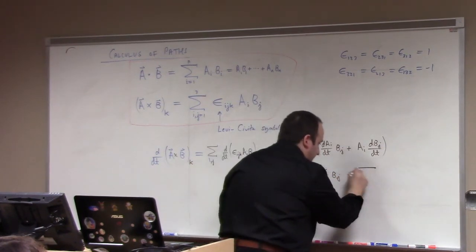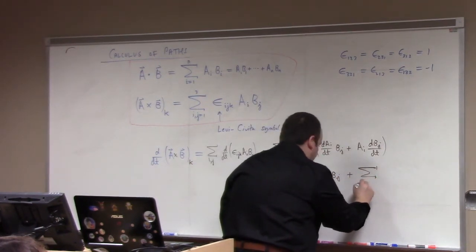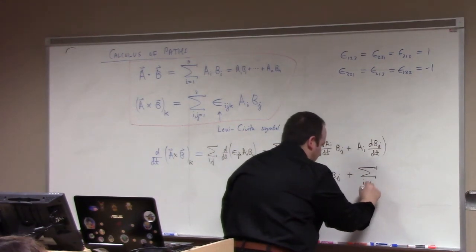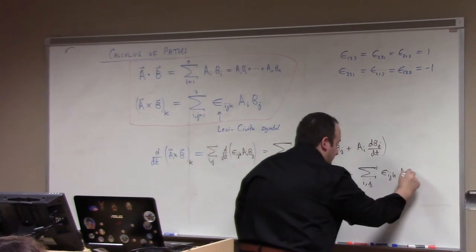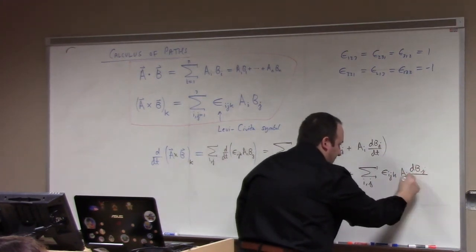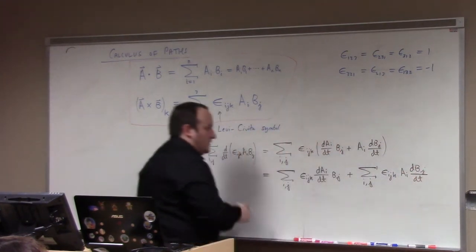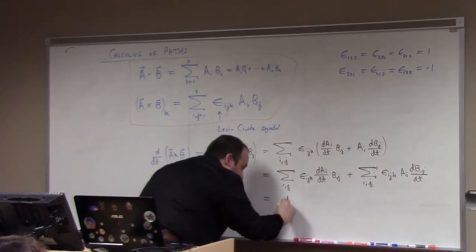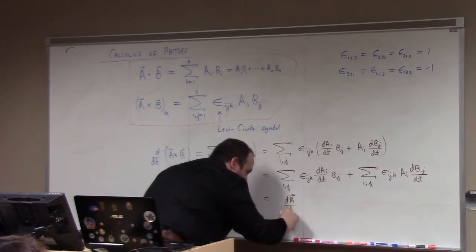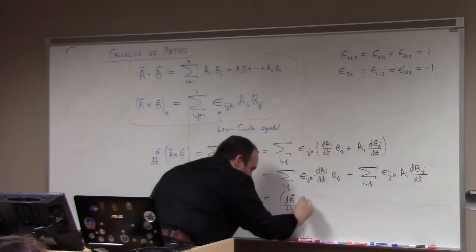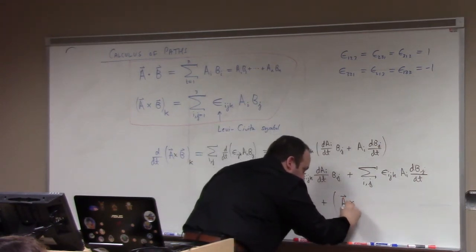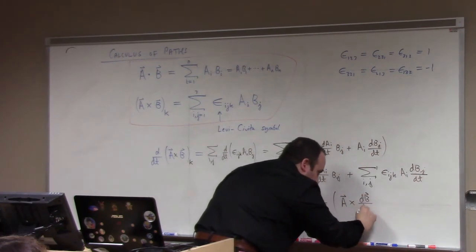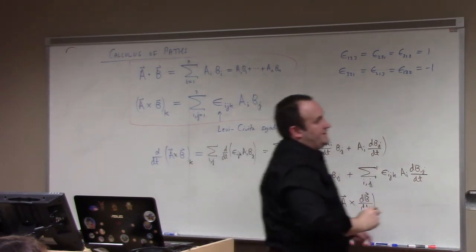So this is just properties of sums. The sum of a sum is the sum of the sums. That makes sense. I'm about to write something though. And so that is nothing more than dA/dt cross B, the kth component, plus A cross dB/dt, the kth component. That gives me my second rule.